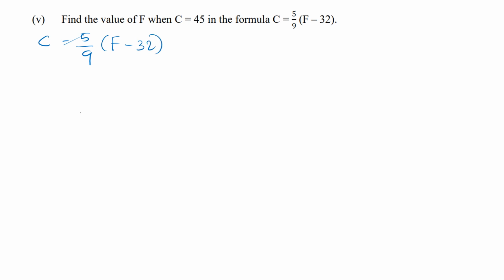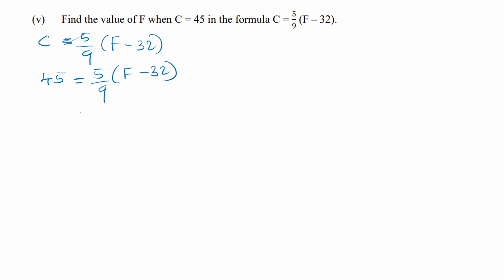So here c is equal to 45, 5 divided by 9, f minus 32.